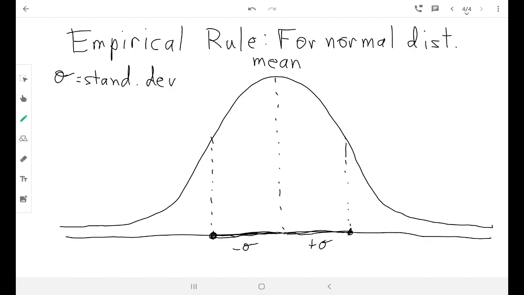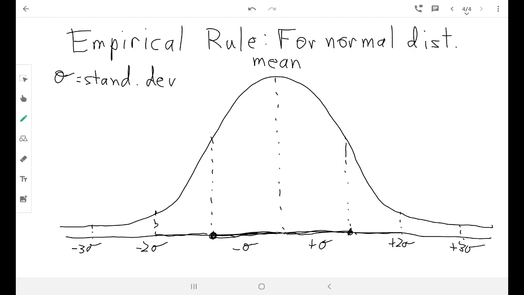Then there's another cut here on both sides, and this is 2 standard deviations away in each direction, positive and negative. Let me put that somewhere else, though. And then there's actually a third cut way over here, which is 3 standard deviations away in either direction.